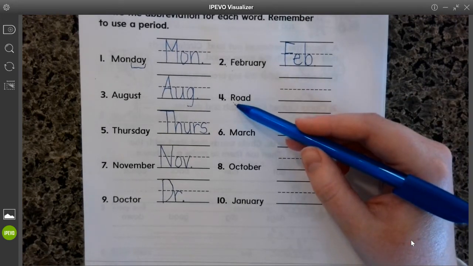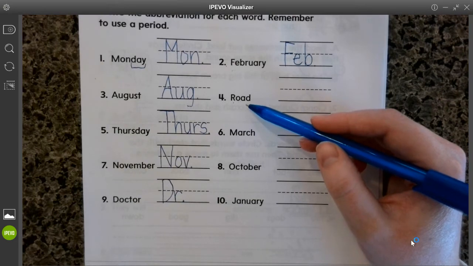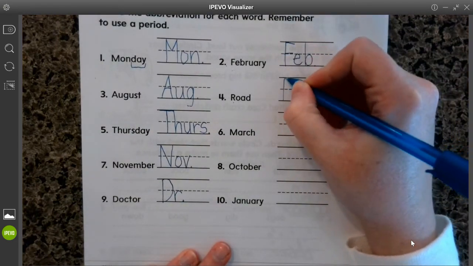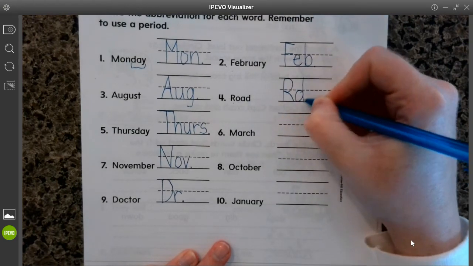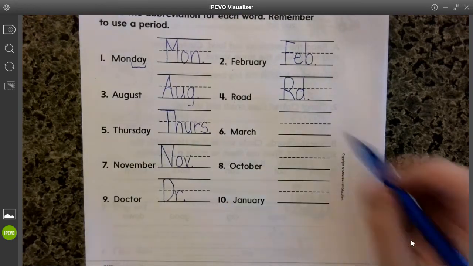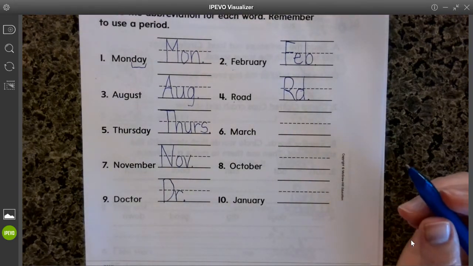But if I say that I live on Charing Cross Road, then it becomes part of the name of the street. And in that case, you can abbreviate it. And the way you do that is R-D. Do you live on a street with a name that includes the word road? Maybe you do and get to use this abbreviation when you write letters.